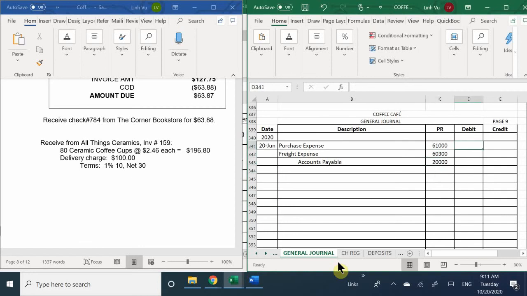And for how much is my purchase expense and how much is my freight expense? 196.80, and my freight is 100, bringing my grand total to be 296.80. Okay. I'm gonna go ahead and finish off my description. All right. So who is the vendor?